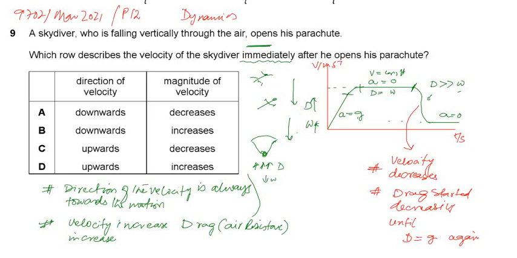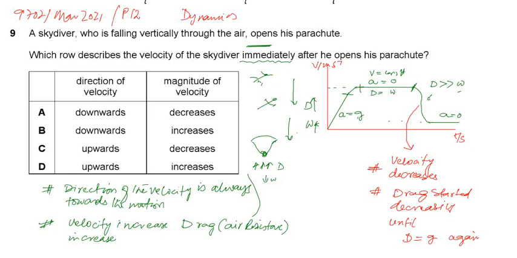But as soon as the drag starts applying resistance to the falling object, in this case a skydiver, his acceleration starts decreasing. At one point acceleration becomes zero, which means the drag is now equal to the weight, and the velocity becomes constant. That constant velocity is called terminal velocity.